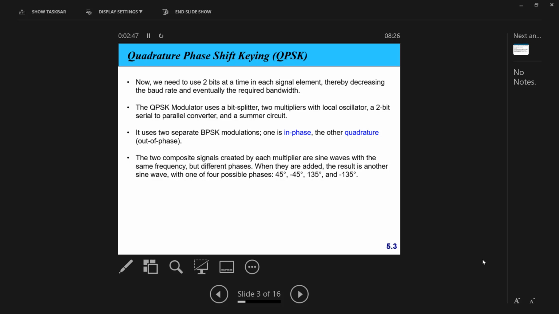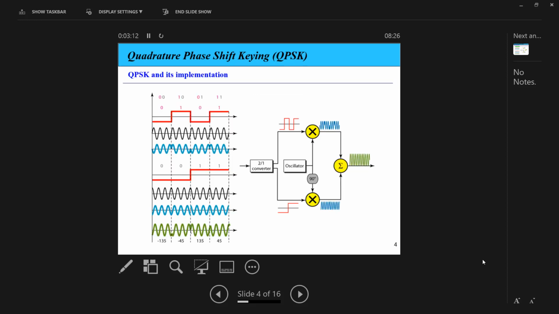So in this case, I should have four phases. The four phases will be 45, minus 45, 135, and minus 135. These are the four phases that I will use to represent the four different levels in QPSK. Okay? And in this case, we'll have L equal to 4 and R equal to 2. And this is how we can implement this.